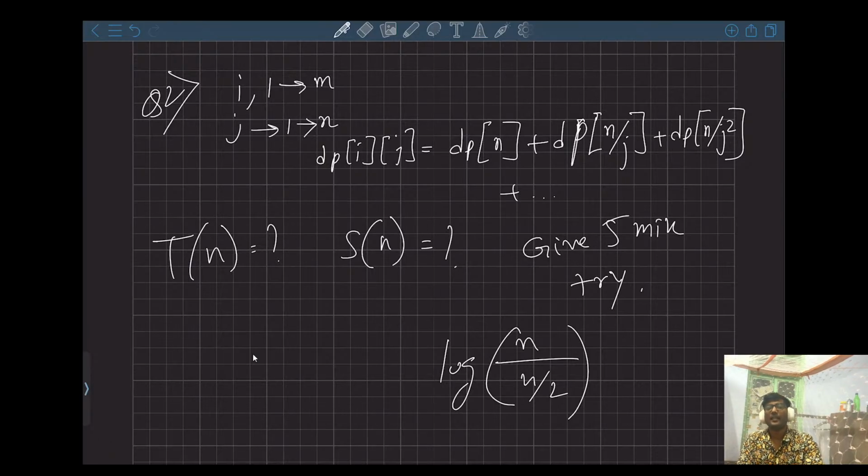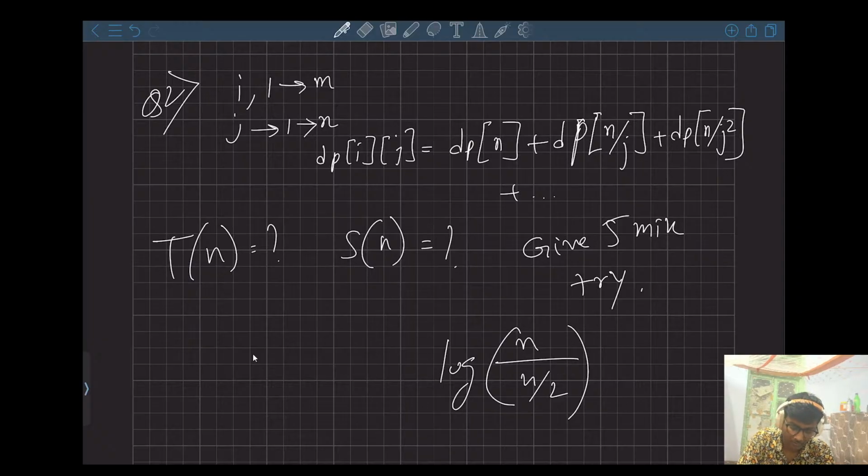If j is estimated as n by 2, then this will be, it is directly taking the value of j.